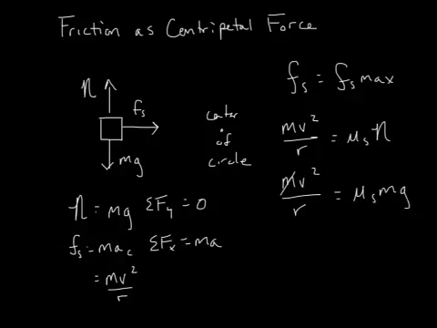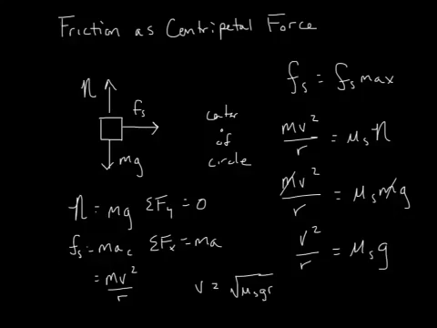And then our m's actually cancel out. And so we're left with v squared over r equals mu s times g. So, in that situation, if you want to solve for the maximum speed at which you could make a turn, then you'd solve that equation for v. And v would equal square root of mu s gr.